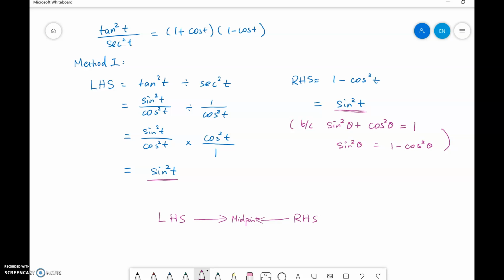For this case, the midpoint is sine squared t. So I can conclude from both parts that the left hand side does equal the right hand side, and I proved my identity. Okay, so that's the first method.